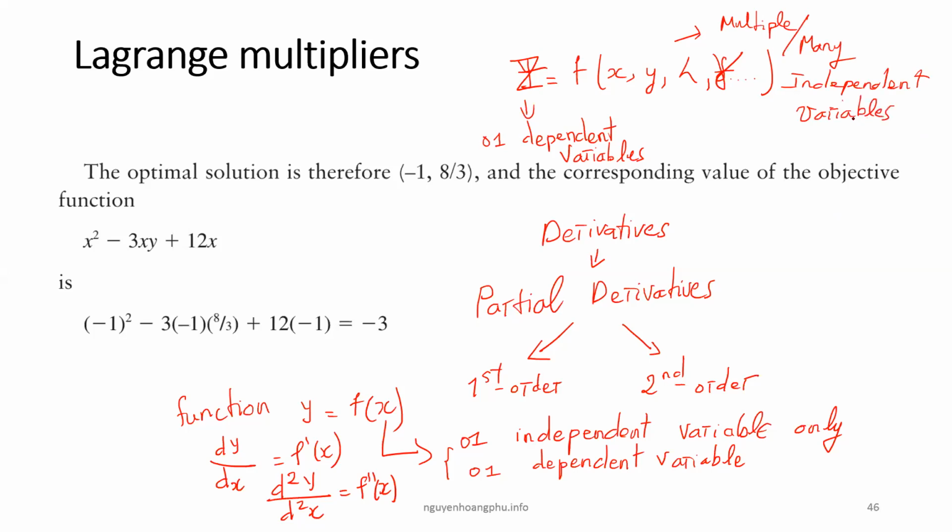So we have more than one, right? In this case, if you take only derivatives, it's quite difficult because you will ignore the others.